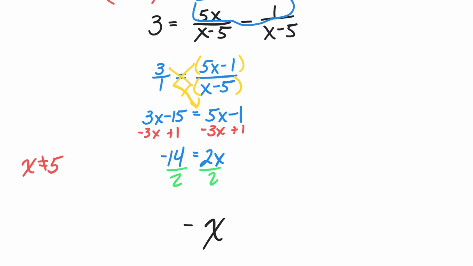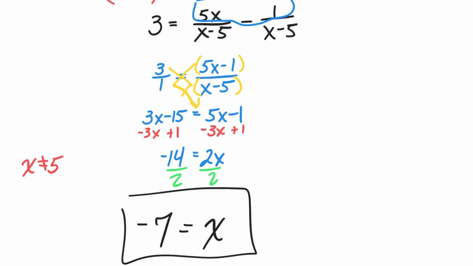And x should equal negative 7. Negative 7 is not one of our excluded values, so it should be an answer that we can accept. And again, we would check that answer, negative 7, just to make sure that it worked, but I'm telling you now, just for time's sake, that negative 7 is an acceptable answer.